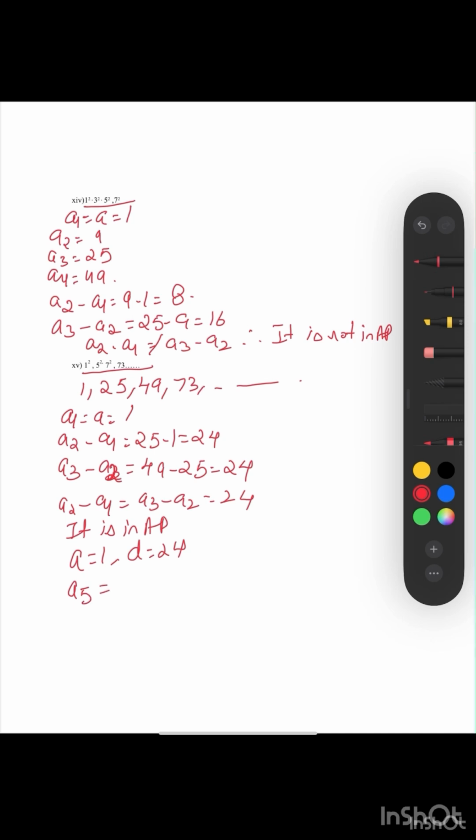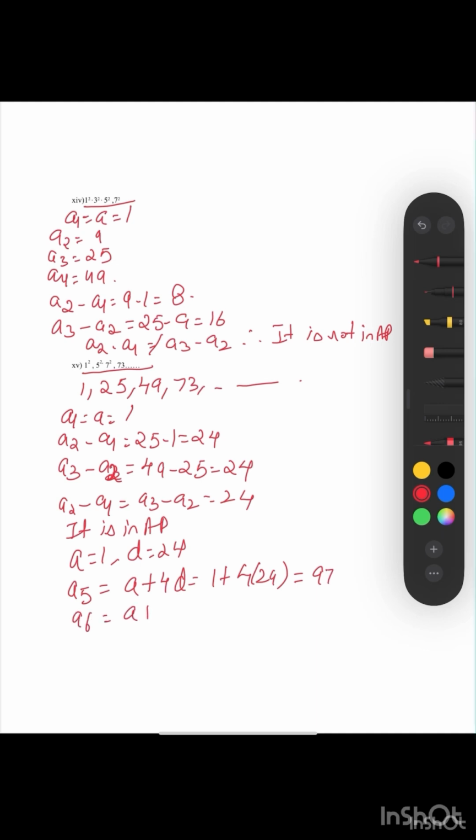So A5 will become A plus 4D. A over here is 1 and D is 24. So A plus 4 into 24. In place of A we'll put 1, and 4 into 24 will become 97.